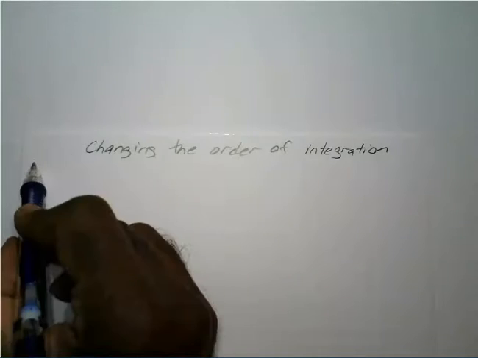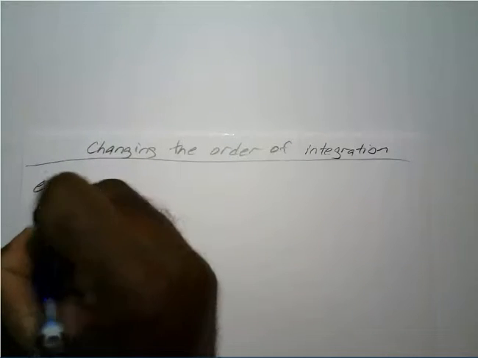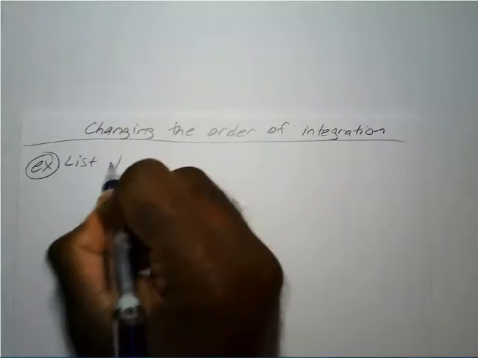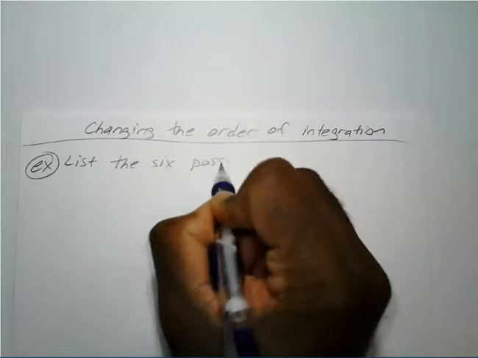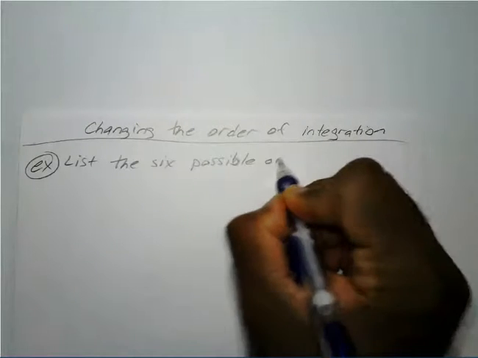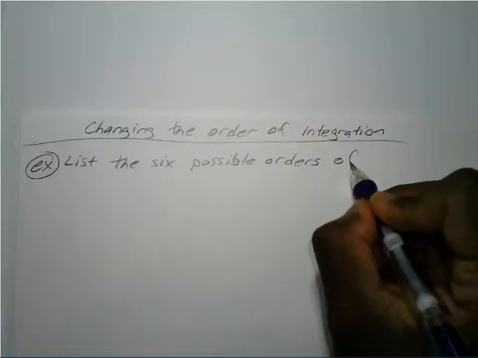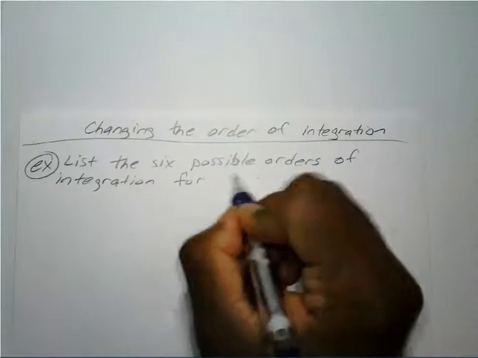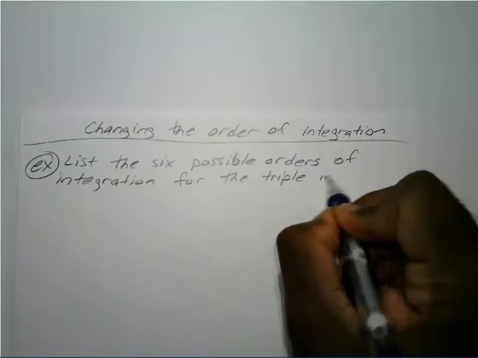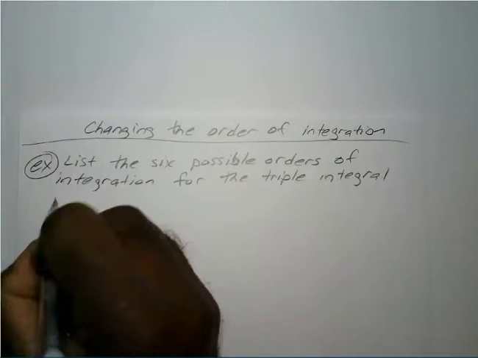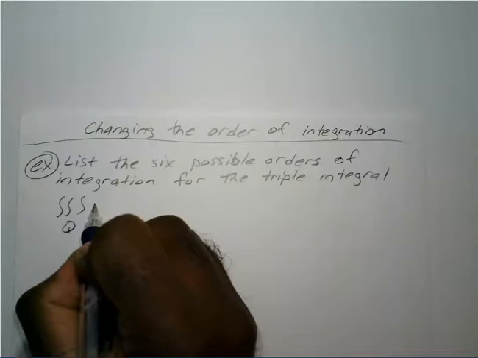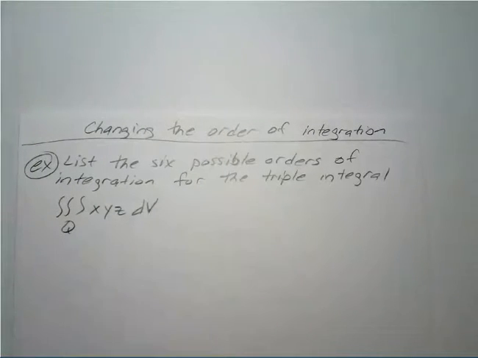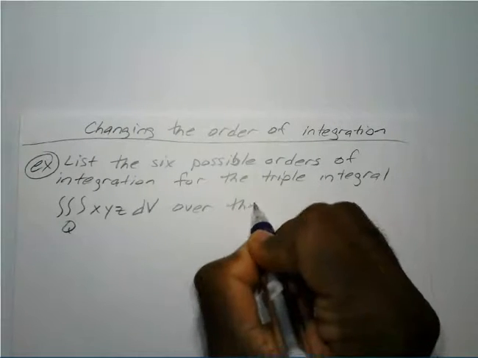So let's say, for example, we want to list the 6 possible orders of integration for the triple integral over Q of xyz with respect to the volume over the solid region.